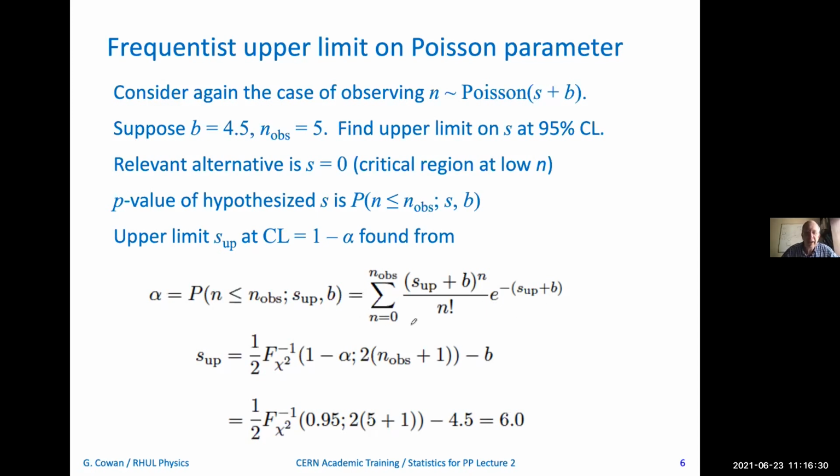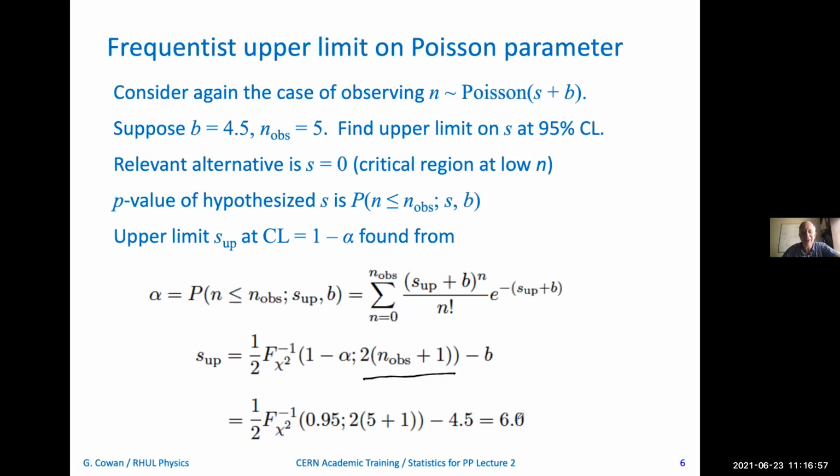And if you exploit that trick, then you can solve this equation in closed form for the upper limit S up. And it's then 1/2 times the inverse of the chi-squared cumulative distribution for 1 minus alpha with a number of degrees of freedom given by this expression here. It's related always to the upper limit of the sum, and then minus the expected number of background events.